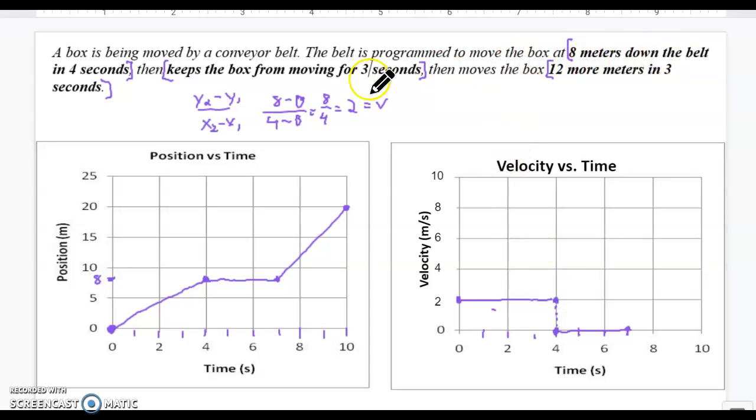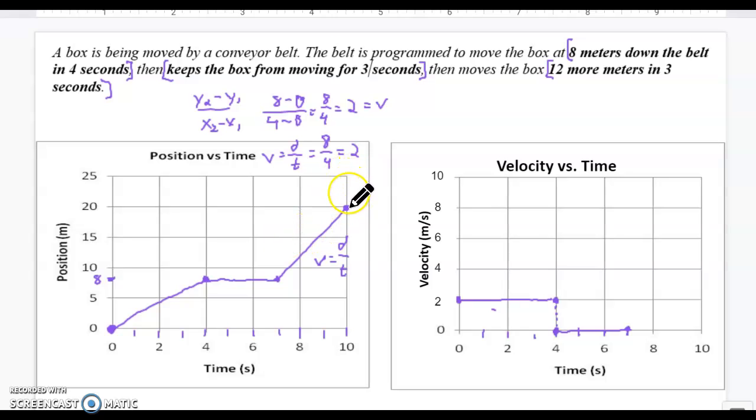And the last part is 12 more meters in 3 seconds. I can do this slope equation again, but there is that other way of solving it out. You could solve out for these speeds or velocities using this equation, and it works the same way as it would for this first section, where the distance was 8, and it did that in 4 seconds. Great, you get the same answer. If I want to do that for this section, its velocity is the distance divided by the time, but it's only for that section.